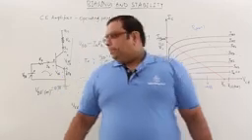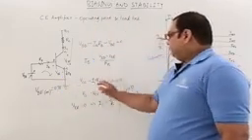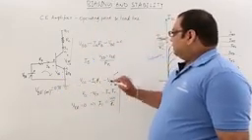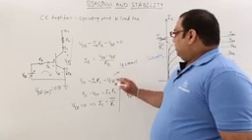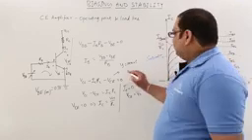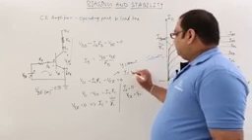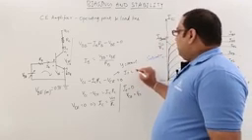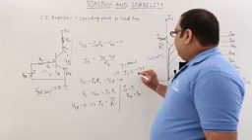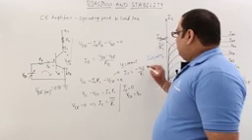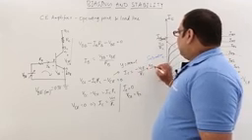minus 1 by Rc, because if you write this equation in terms of y is equal to mx plus c, here I am taking the y axis as Ic, so Ic is equal to minus Vce by Rc plus Vcc by Rc.